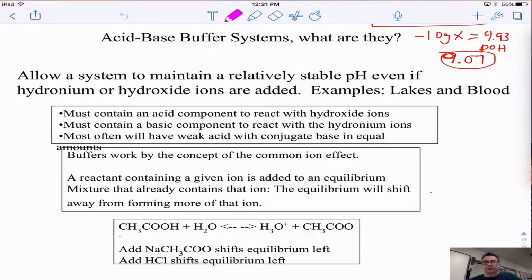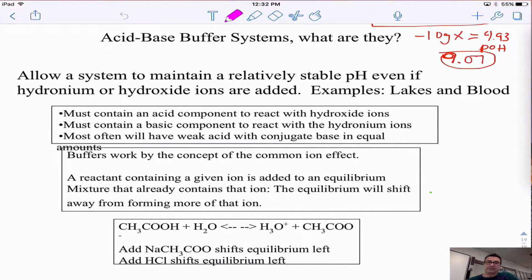So on the surface, an acid-base buffer system really is just an aqueous solution where the pH will remain pretty much stable even when you try to disturb it by adding acid or base to the system. And this is really important in biology because systems need to maintain a pretty stable pH for the enzymes and the organisms to survive.